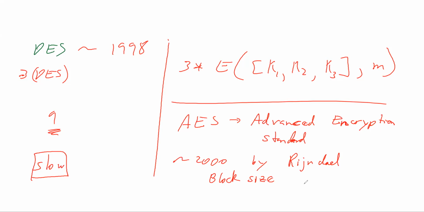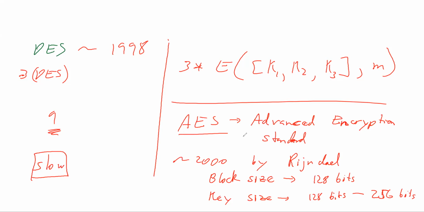There were faster computers at this time, so 128 bits, and key sizes from 128 bits all the way to 256. Obviously, as you did in one of your labs, you saw that the bigger the key, the slower your system will be.